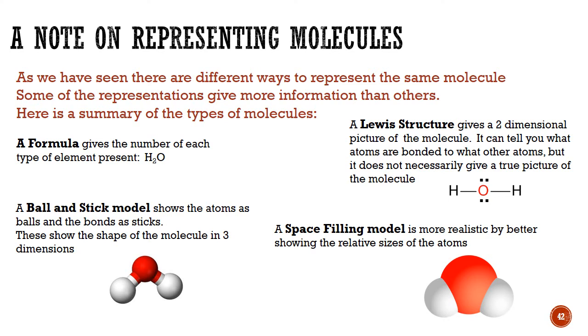The ball and stick model, which we've seen throughout this lecture, has the molecules bonded to each other with a little stick in between. It gives a three-dimensional shape. But sometimes we also will see the space-filling model, which is actually a more realistic picture of what the molecule looks like.